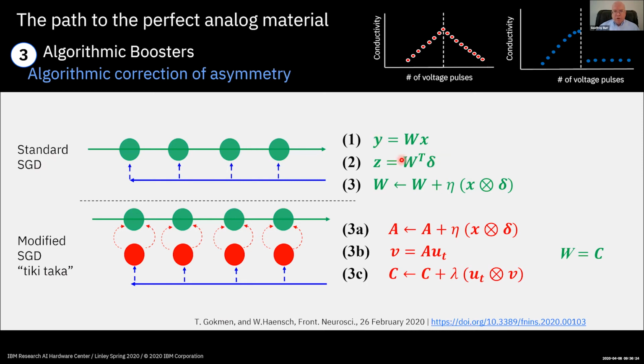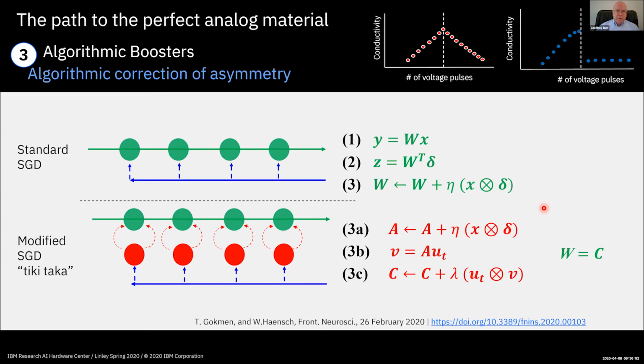The error goes through the transpose of the matrix and produces essentially more errors, and you use X and delta to update the weights. So in contrast, you do the same forward pass, you get the X and the delta, but you don't apply it directly to the weights, you apply it on this A matrix. The A matrix then manipulates into a vector, and that vector is used to update the C. So it's a sort of a tiki-taka. The soccer ball goes back and forth between the red part, which is the A matrix, and the green part, which is going to be the C matrix.